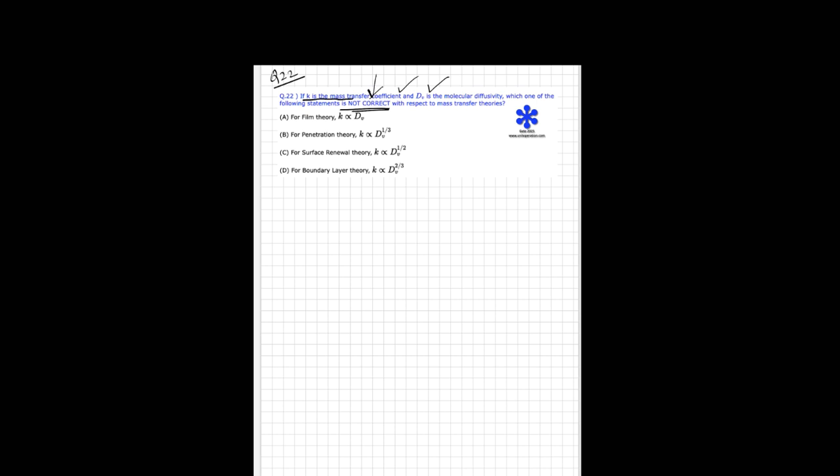Now, we know the film theory is a very popular one, which was proposed by Whitman in 1923, which basically states that there is a very thin film in which there is no turbulence, and most of the resistance to mass transfer lies within this particular film.